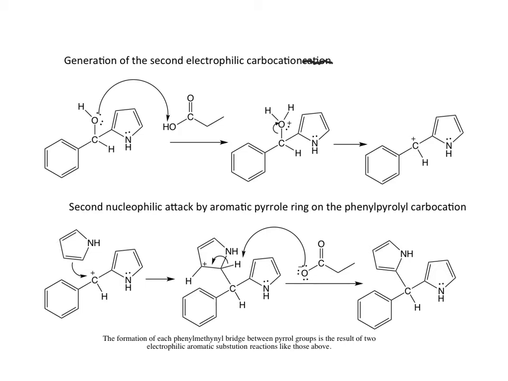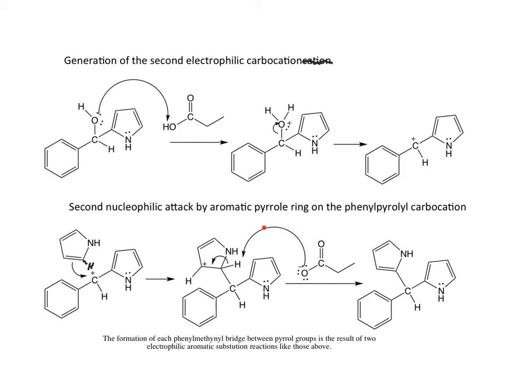So our pyrrole ring attacks, right? There is a hydrogen right there. We get a nucleophilic attack on our new carbocation, right? That disrupts the aromatic system. Our propionate is in there.